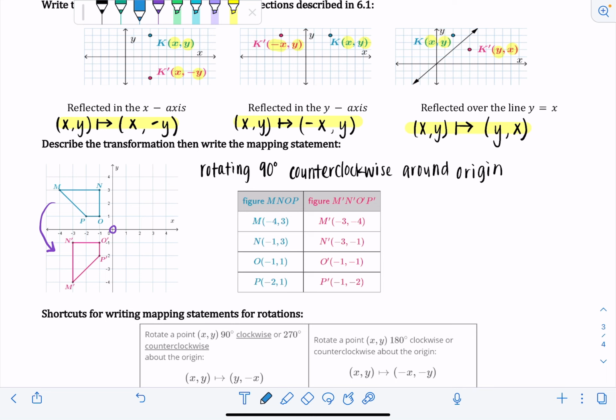And then I'm going to add a couple notes to that before we move on to the mapping statement. Off to the side, just in case you ever forget which way is clockwise and which way is counterclockwise, that's a good thing to make a note of. So I'll just draw a circle and use it that way. If I go this way, that is clockwise.